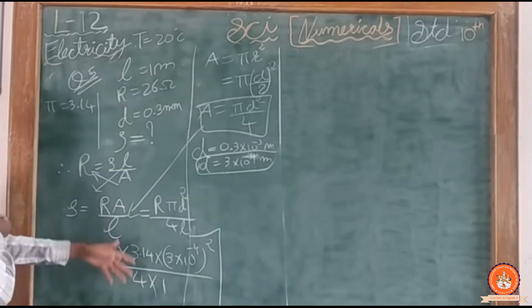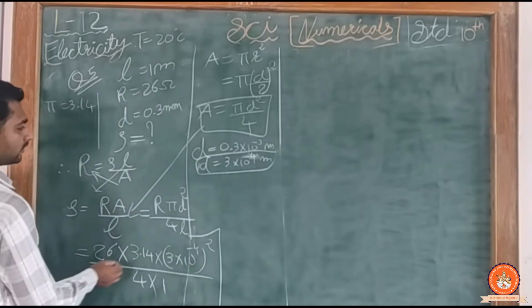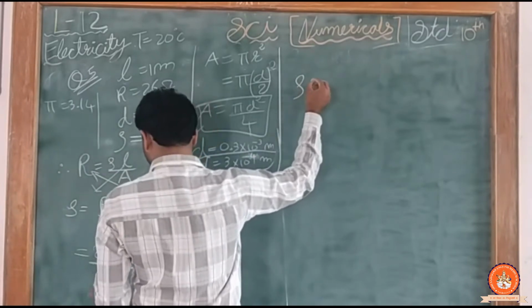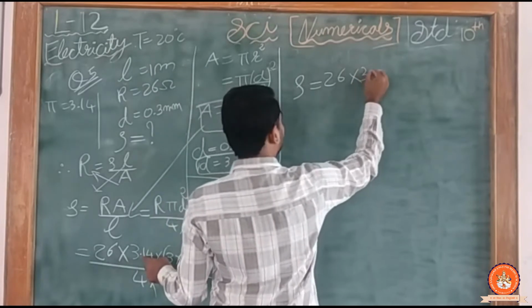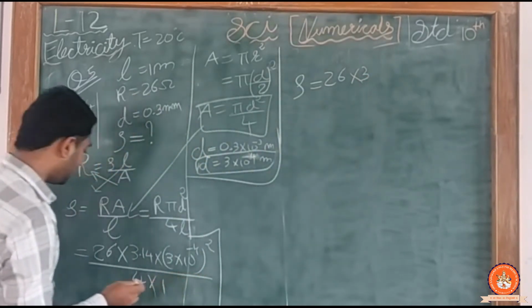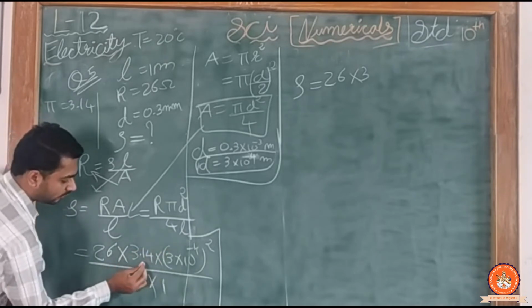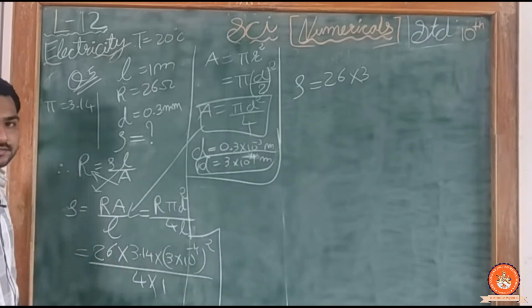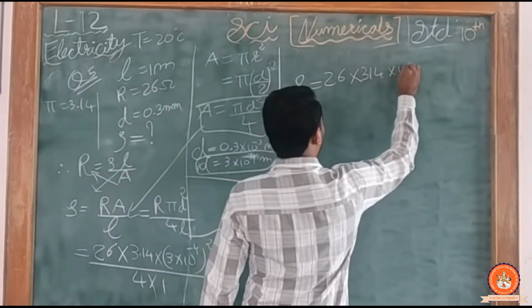Now solving forward, I am solving this over here. So rho is equal to 26 multiplied by 3.14. I am taking the decimal on the right side, moving 1 and 2 places, so I put the decimal next to 4. The decimal moved 2 places, that means 10 raised to -2. So 314 into 10 raised to -2.